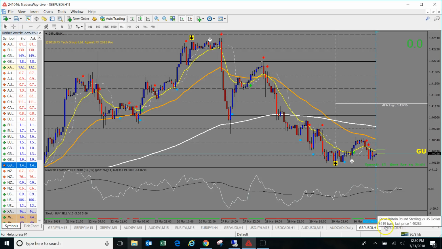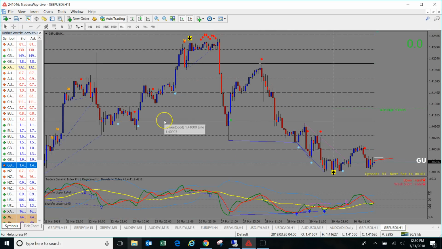Now, let's hop over to the same chart that has TDI Pro. Like I said, there's a lot of versions of this TDI Pro out there. I know some people that only use the RSI price line, the signal line, and the yellow baseline on the TDI. They don't even use these volatility bands.